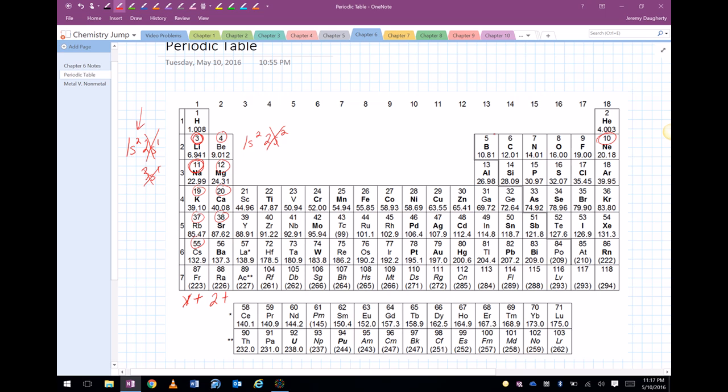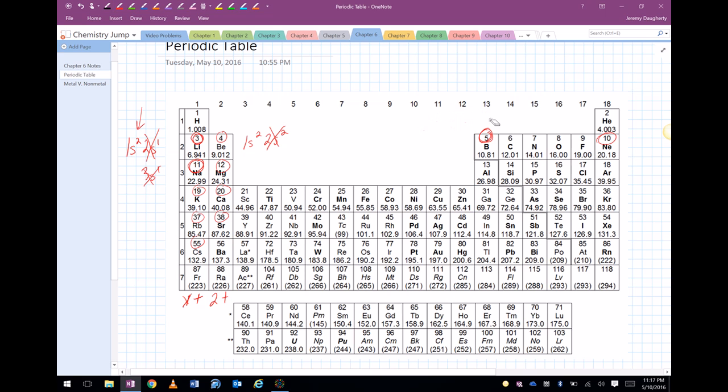Now, interesting thing here, boron, right here, which is 1s2, 2s2, 2p1, boron will actually have a somewhat stable structure to form 2s2, which is kind of neat. Okay, we'll get into that later.